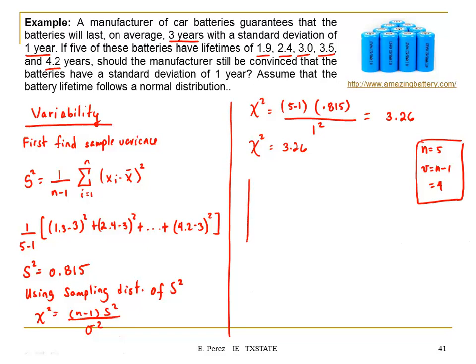Okay, and we're going to use these parameters to find some probabilities from the table. So again, we have the chi-square distribution. Here we have the values of chi-square, and we know that the area inside the curve is the probability. So what we're going to do is establish some limits.